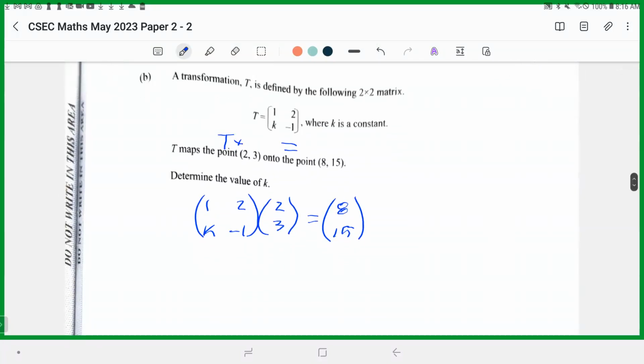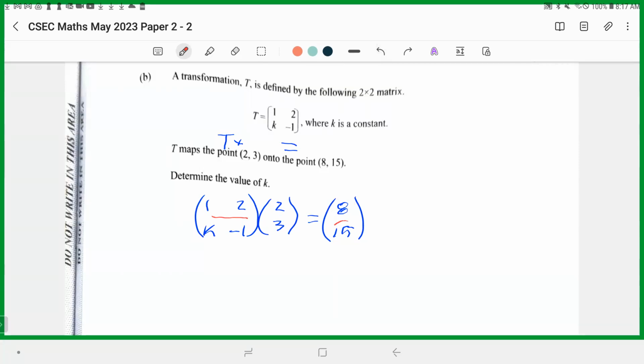It's the equality of matrices question. And you want to do a calculation that uses the k. Remember, you always use the rows for the one column. So what I know is that the second row by this column equals that 15. Let's see if the first value is correct, because this is supposed to be this times this. It is correct because 1 times 2 is 2, and 2 times 3 is 6. 2 plus 6 is 8, so the 8 is correct.